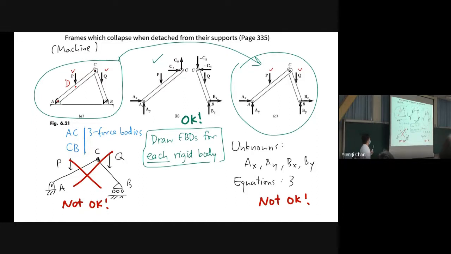What are the unknowns in this system? AX, AY, BX, BY. What else? We have here CX and CY. That means we have 6 of them.